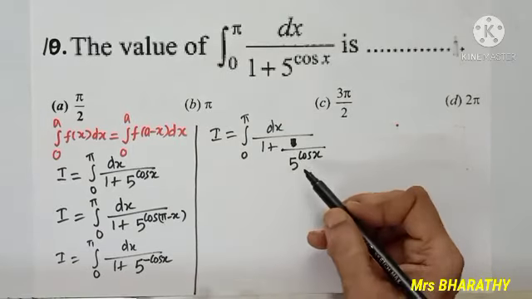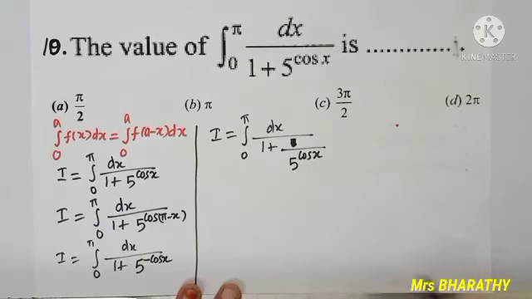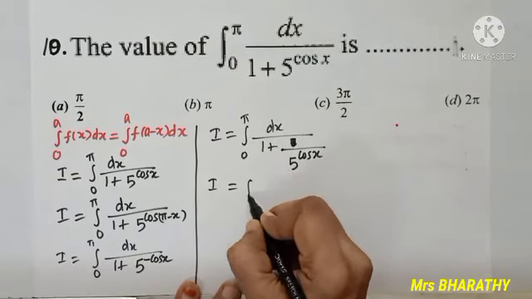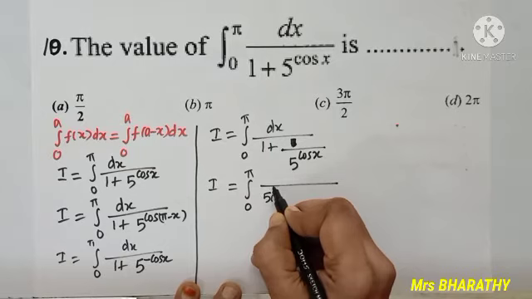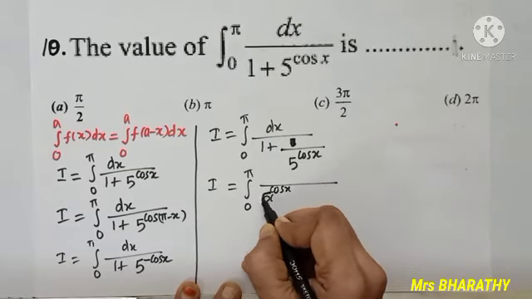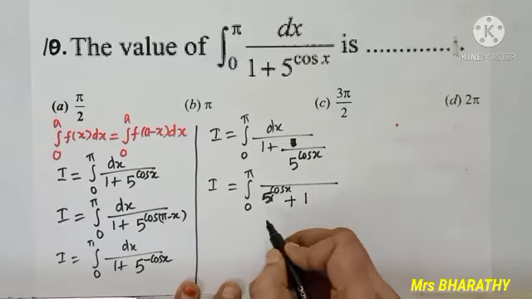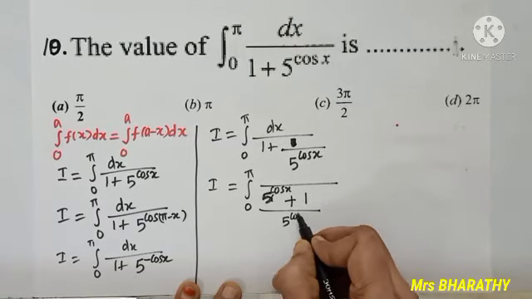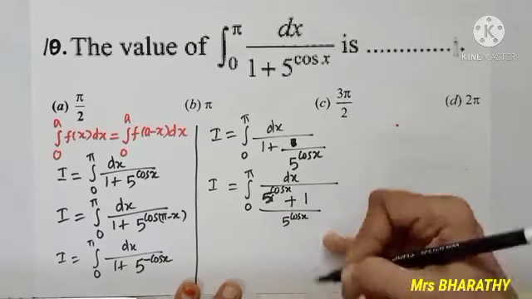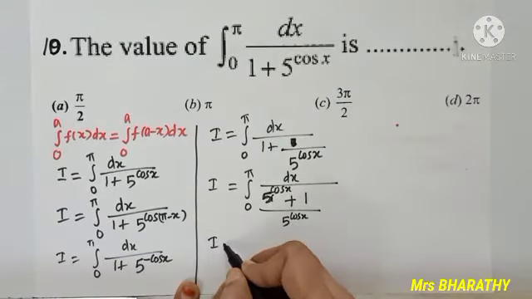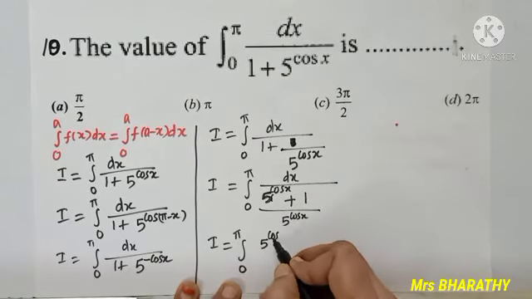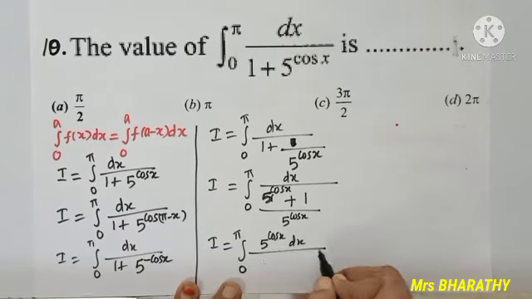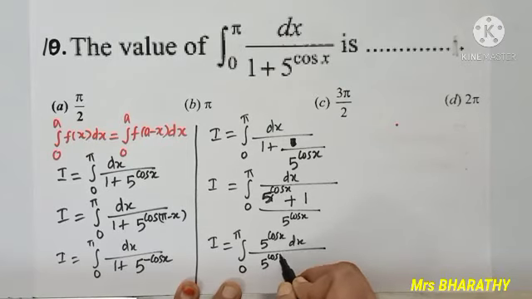I write 1 by 5 power cos x. The next step, taking LCM, it is 5 power cos x plus 1 divided by 5 power cos x. As we reciprocate, I equals integral 0 to pi 5 power cos x dx divided by 5 power cos x plus 1.